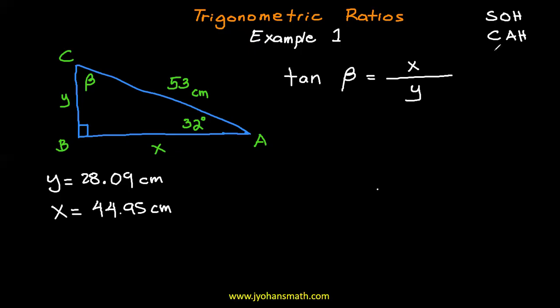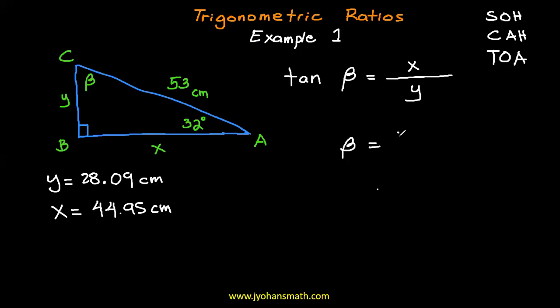So SOH, CAH, TOA, where O represents the opposite side, that is x, and the adjacent side, that is the value of y. To get the value of beta, we're going to use the inverse tangent.